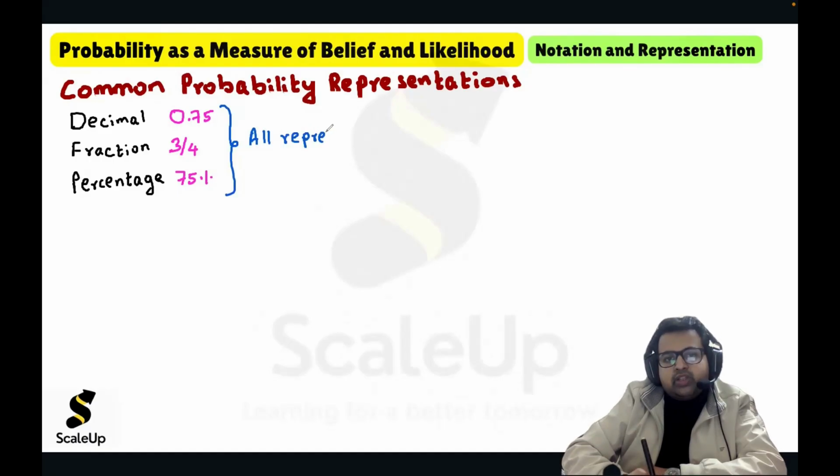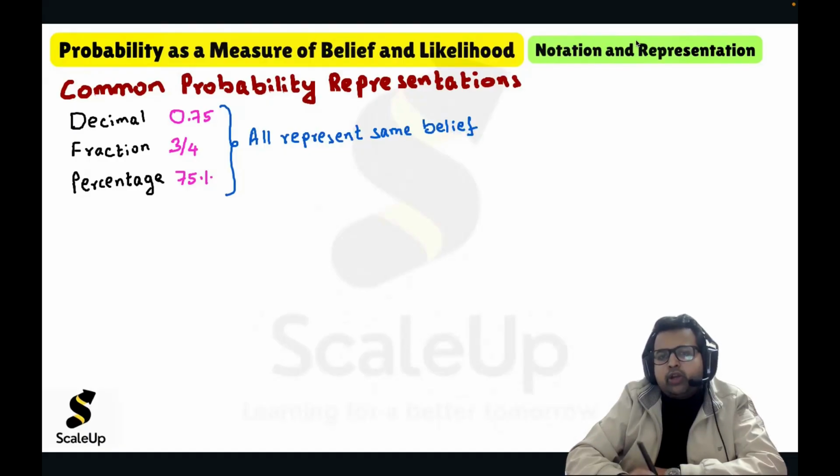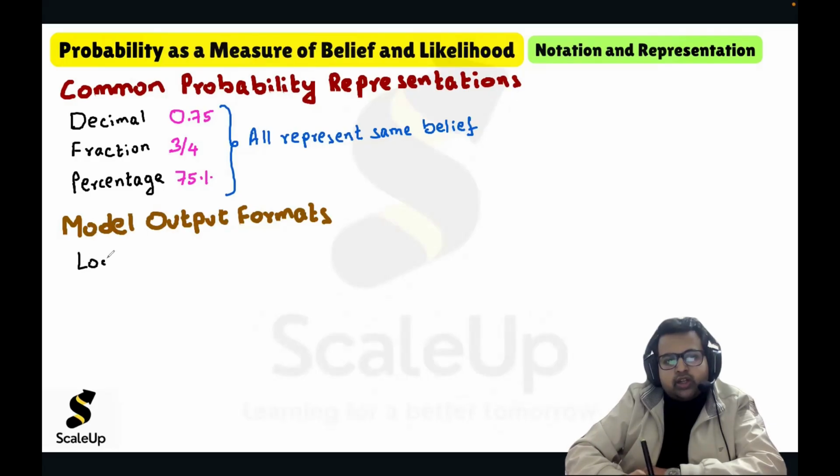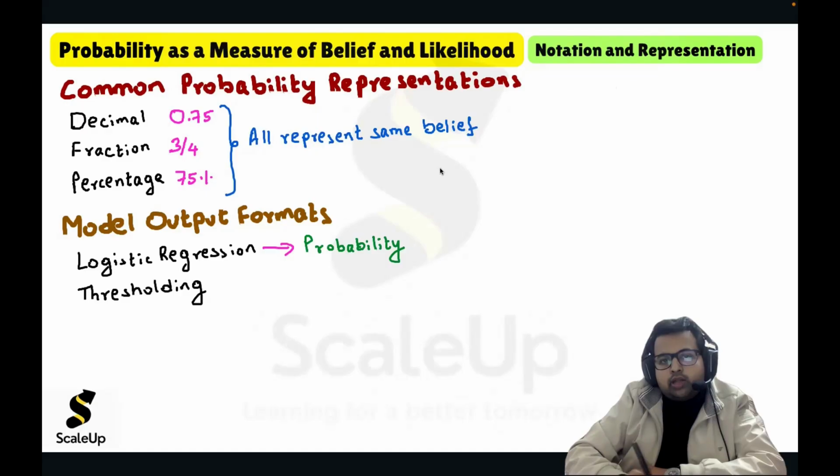All represent the same belief. Now, in machine learning, if we look at model output formats, for a logistic regression model the output is always in the form of a probability. When you are doing some sort of thresholding, the output will be a decision because you are creating a decision boundary.